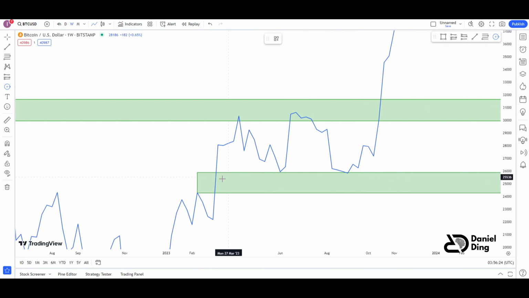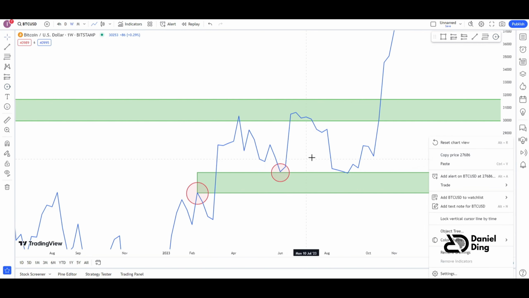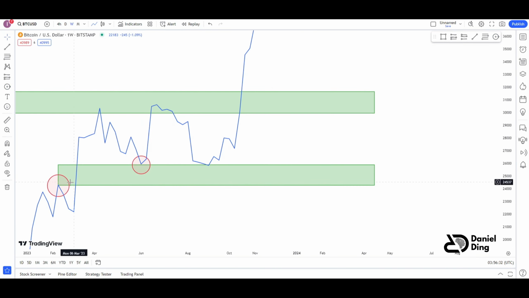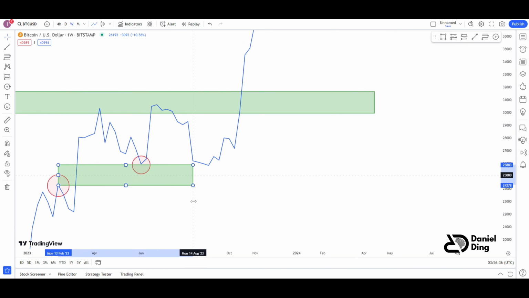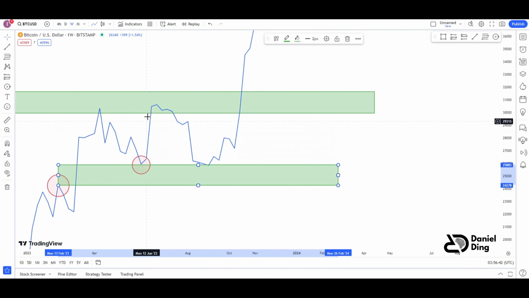So I will take this A and this V, understand? I will take this A and this V, and I will use a rectangular tool and mark a new base. See how the price moves.